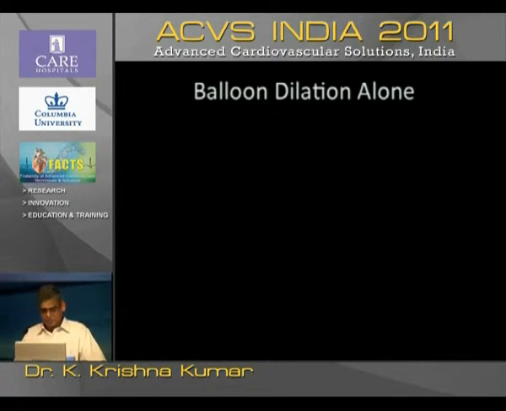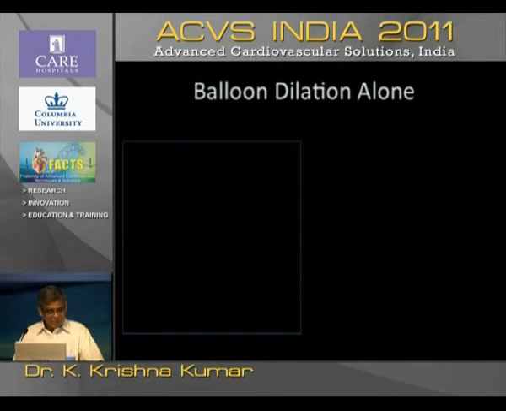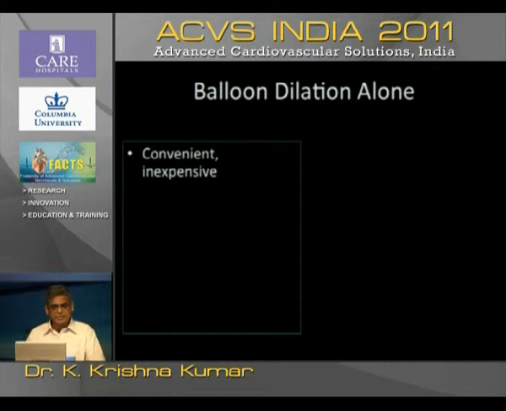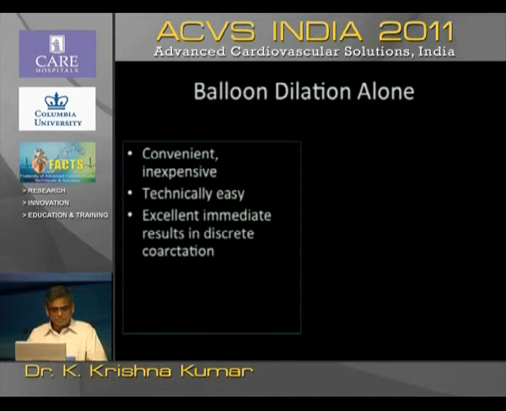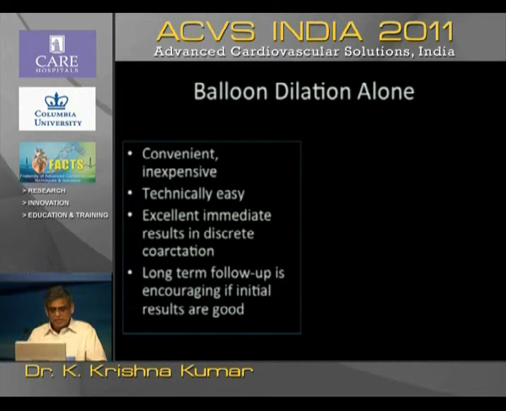How about balloon alone? It's convenient, it's very inexpensive, especially in a country like ours where stents are very costly. It's technically very easy. There are excellent immediate results in discrete coarctation, and long-term follow-up is available, encouraging, in fact, if the initial results are good.